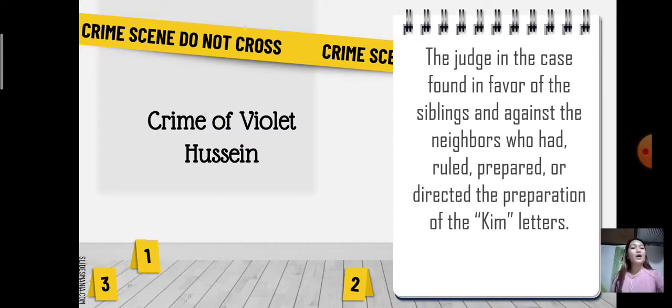So later on, with the help of forensic linguists, the judge found out that it was the neighbors who wrote and prepared the Kim letters and who drafted the will of Violet Hussein. Because of that, the judge ruled in favor of her siblings.